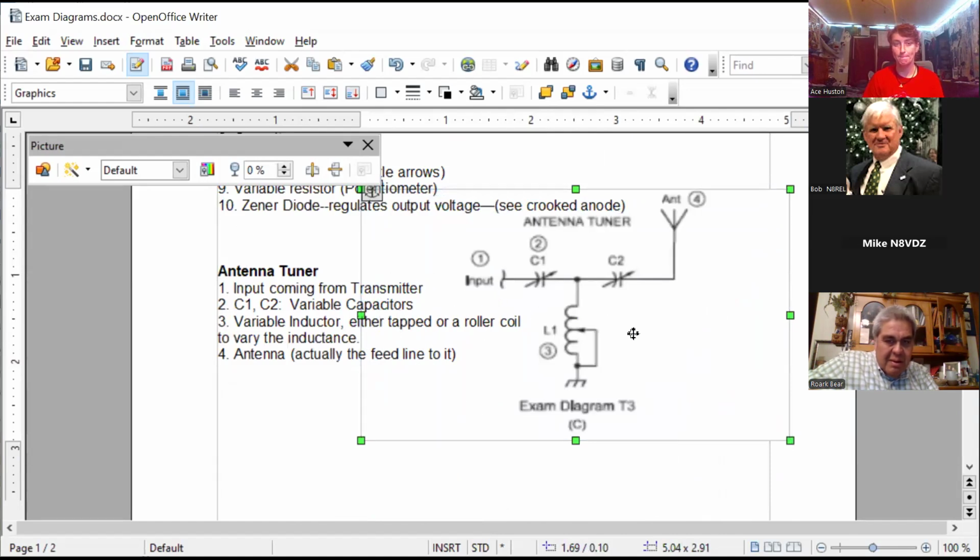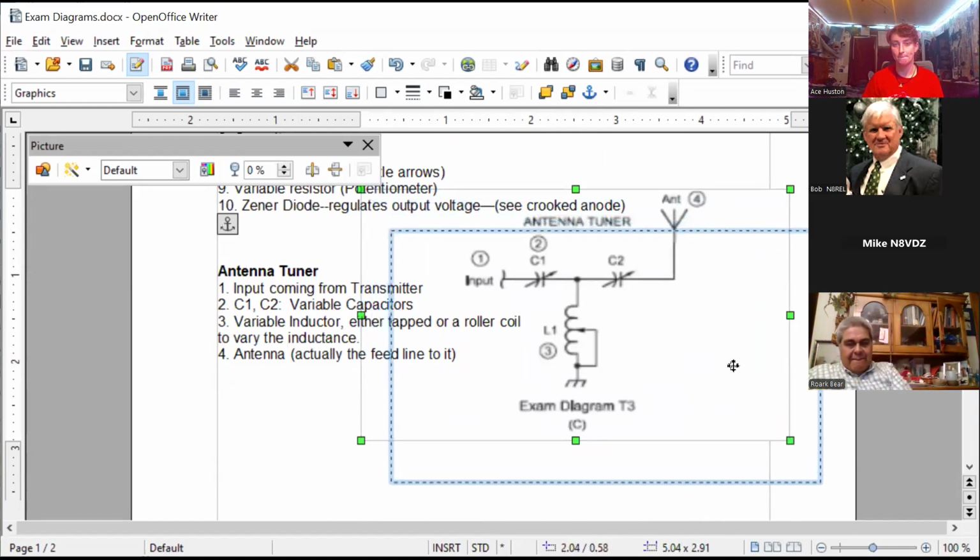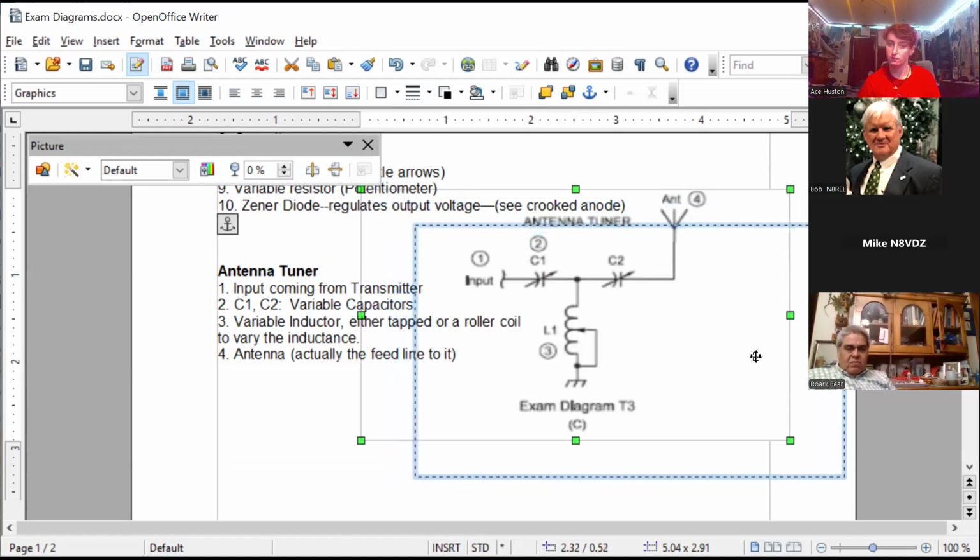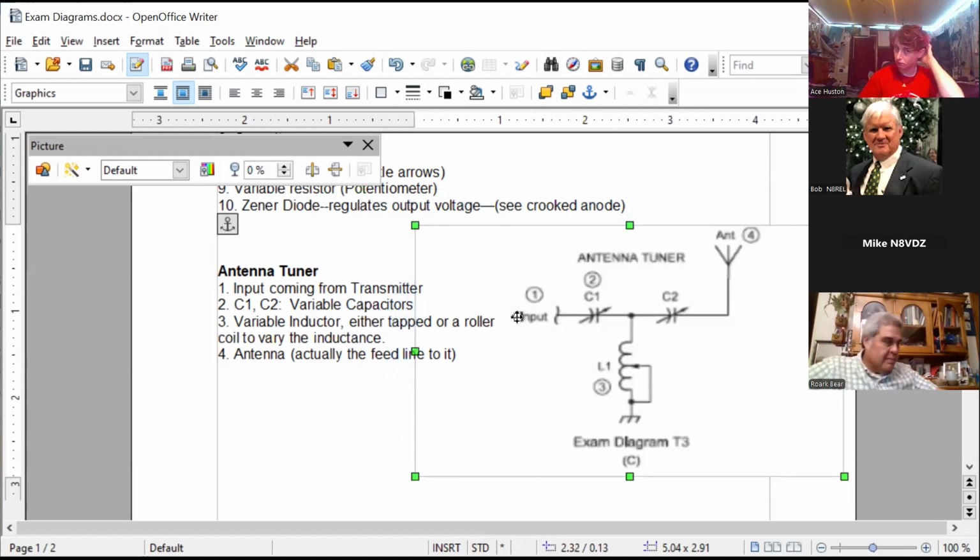Okay. This is a common antenna tuner. As I was saying, it's supposed to make the transmitter happy if the antenna doesn't match. And it uses a combination of capacitors and an inductor. You can see this arrow, which means it's variable.